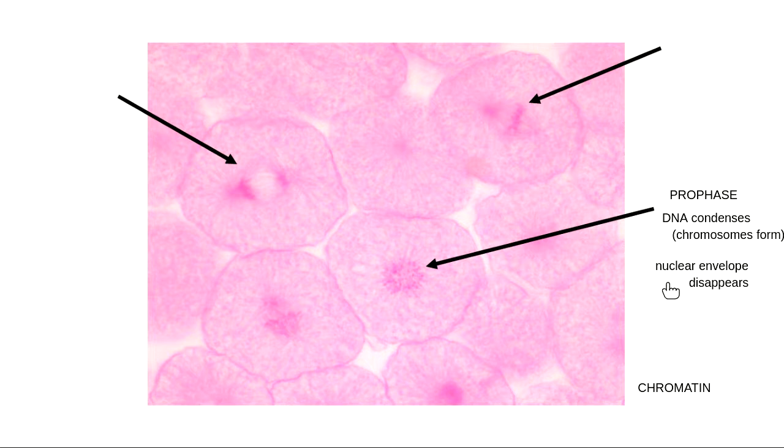And this is something that helps us when we're trying to figure out if a cell is in interphase or prophase. If I don't have a condensed or a confined space where my genetic information is, and I can see this little dotty or kind of squiggly looking genetic information, that cell is in prophase. So as we can see our cell right here, I've got little dots. That's the condensed genetic information. It's not together in one big circle.